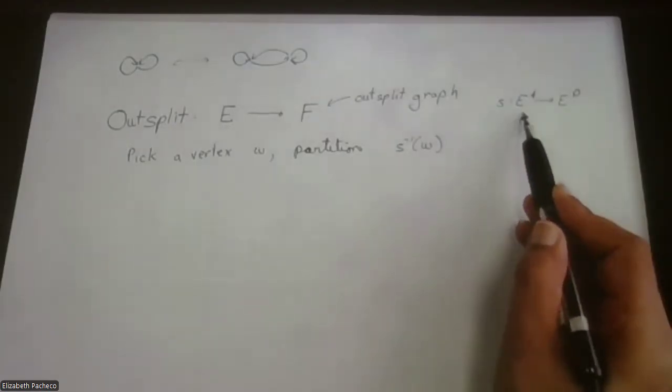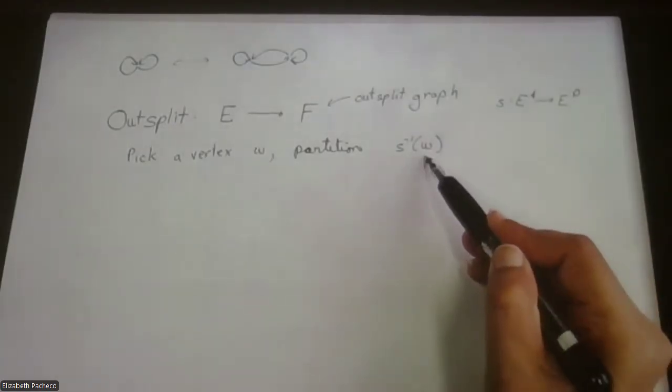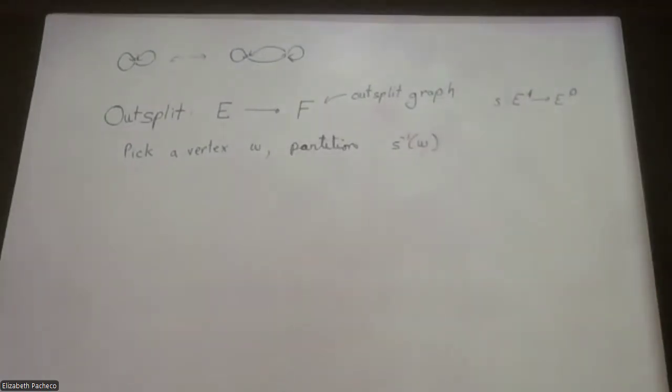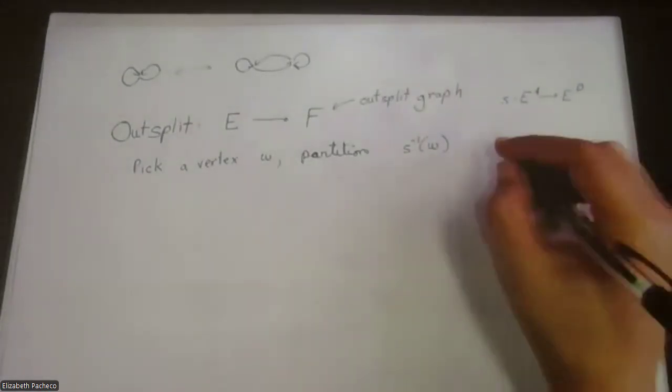Now I'm going backwards, I'm saying what arrows started with W? The pre-image.